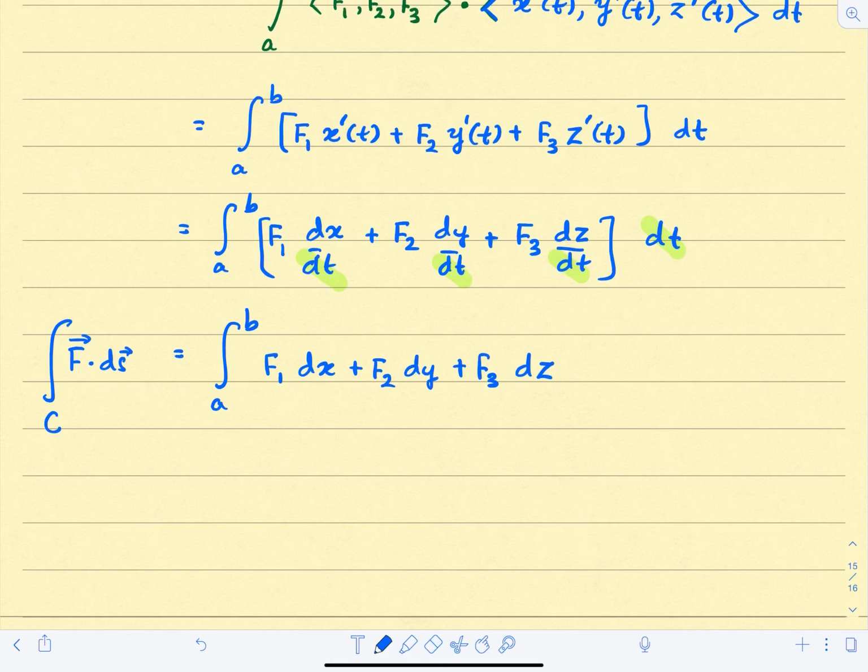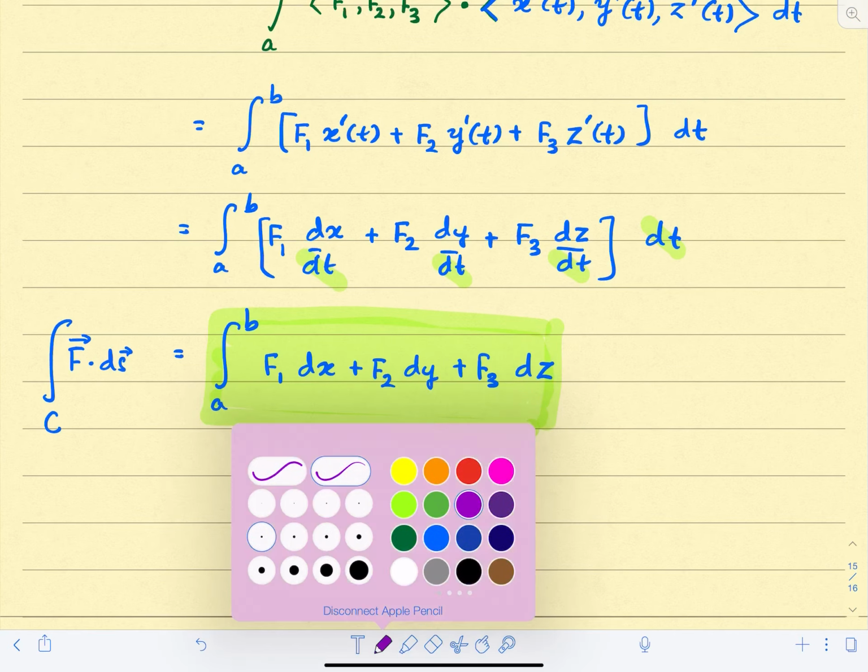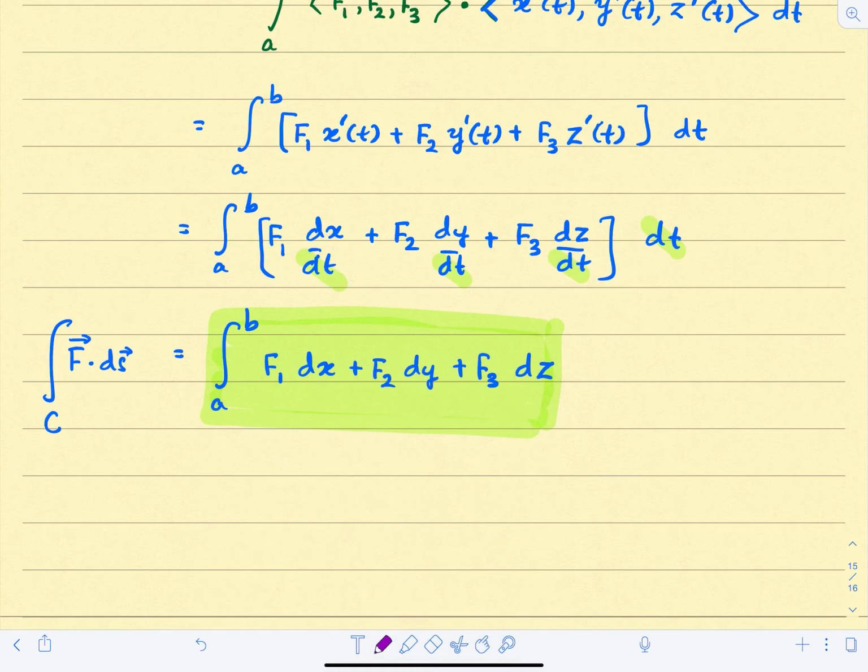Sometimes in problems we are given this line integral. In a case like this, what you need to do is simply consider this form.